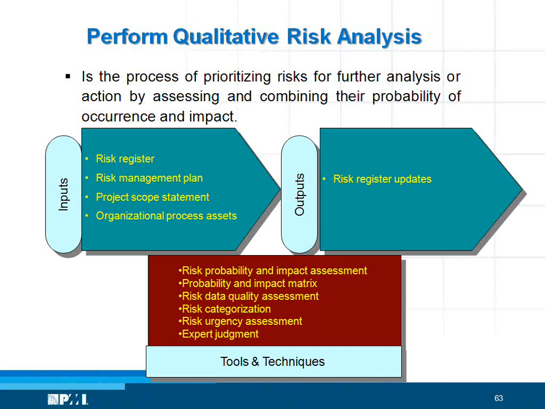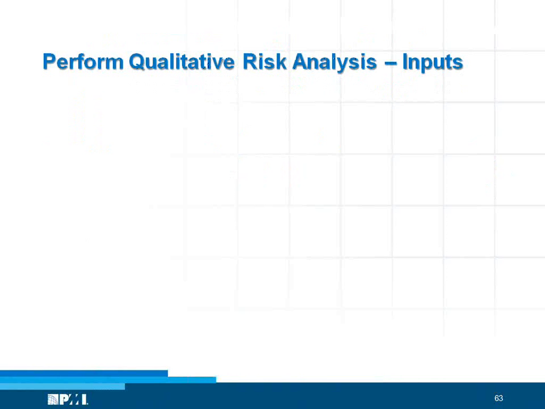So the qualitative risk analysis process is to prioritize. The inputs are the risk register that you have created already, a risk management plan, scope statement, the organizational process assets. And the risk register updates come up because of the analysis. The tools and techniques are risk probability and impact assessment, impact metrics, quality assessment, categorization, risk urgency, and expert judgment. These are the tools used.